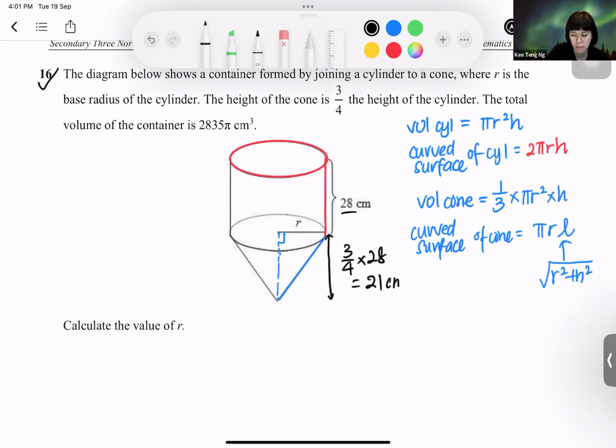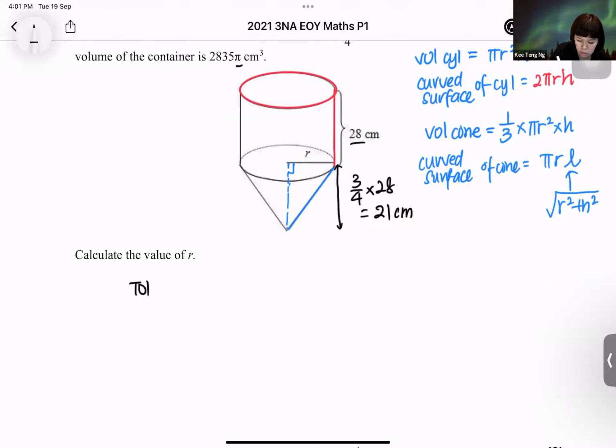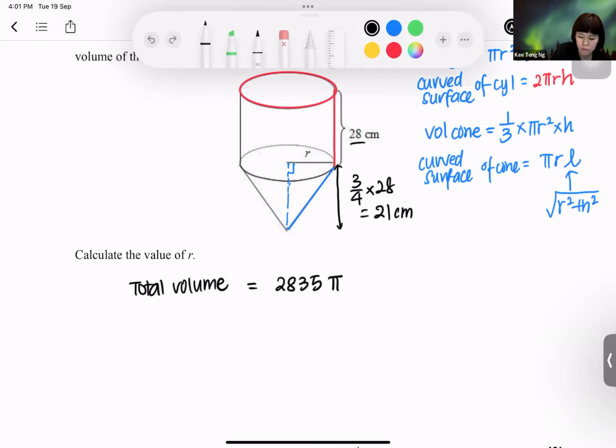Okay, cm. Then the question gives you that the total volume of the container is so many pi, so we leave it in terms of pi. They want us to find the R. Total volume is equal to 2835 pi. How do we find the total volume of this whole shape?